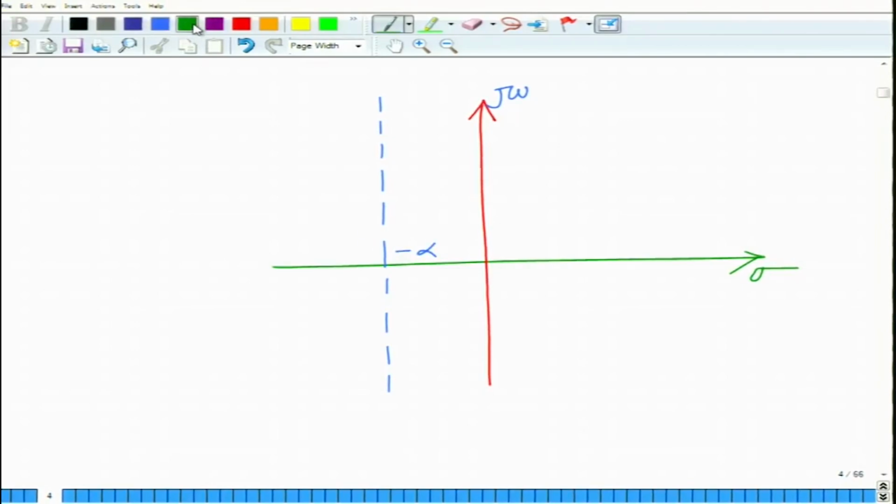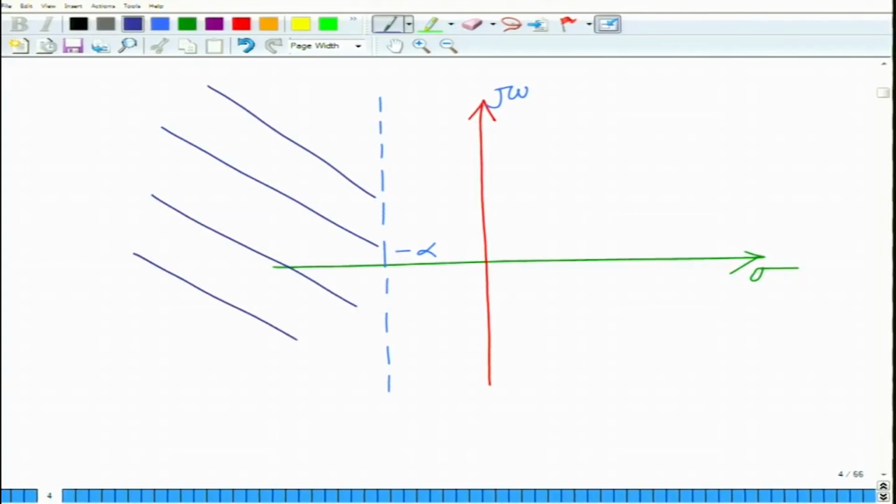So your ROC is the entire S plane to the left of minus alpha, without including the line at minus alpha. So this will be the ROC, that is, the real part of S less than minus alpha. Okay.